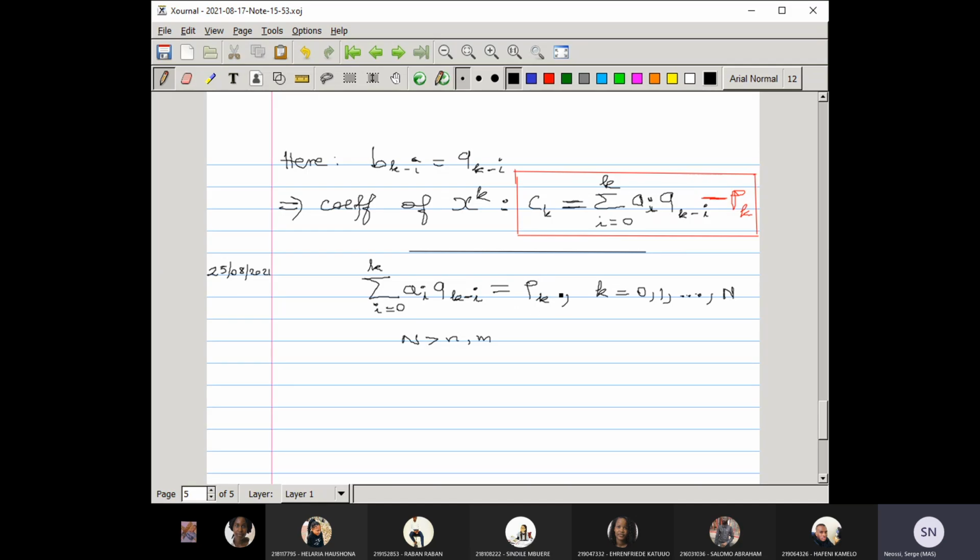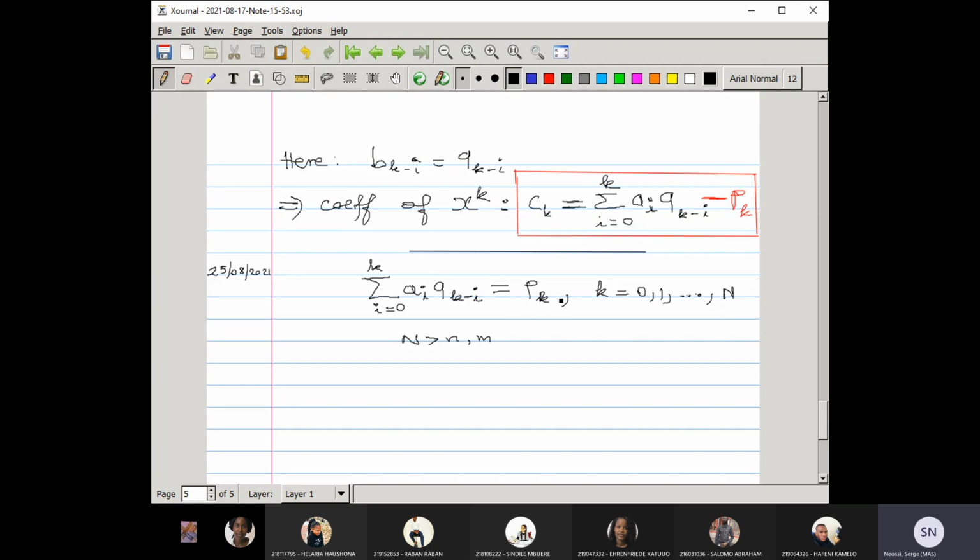But we know that this pk will be non-zero, or most of them will be non-zero, or they exist for k running from 1 to n. So when we exceed n in this formula, you can see that in the formula we still have pk.